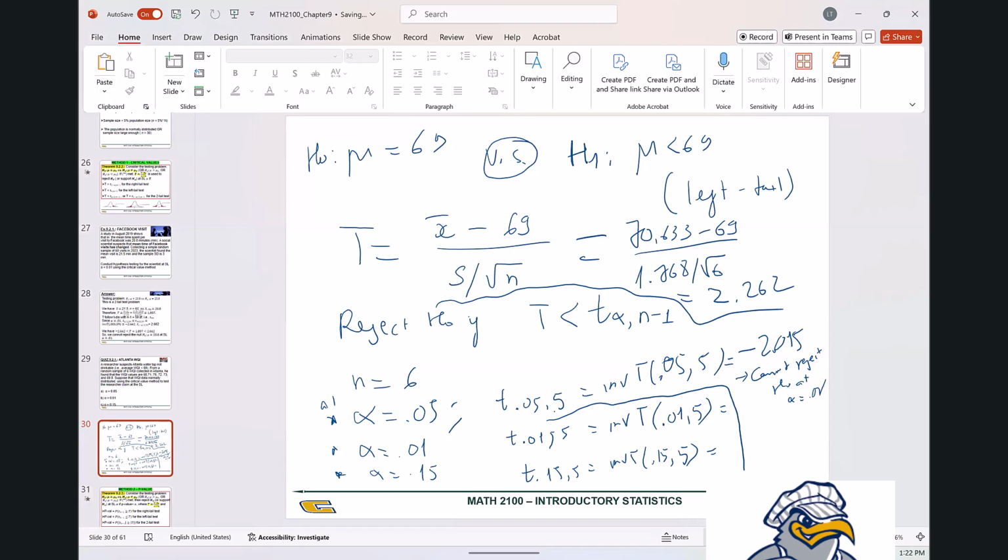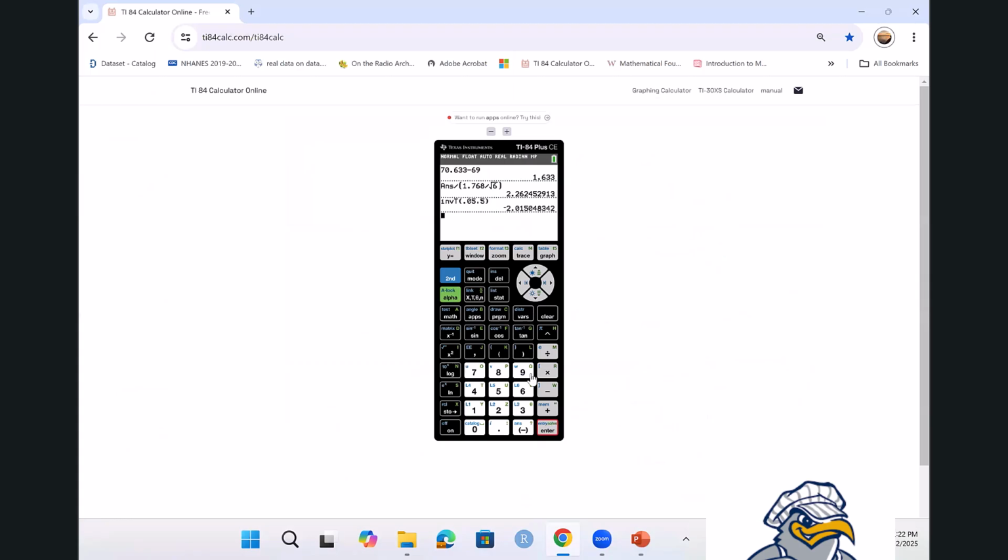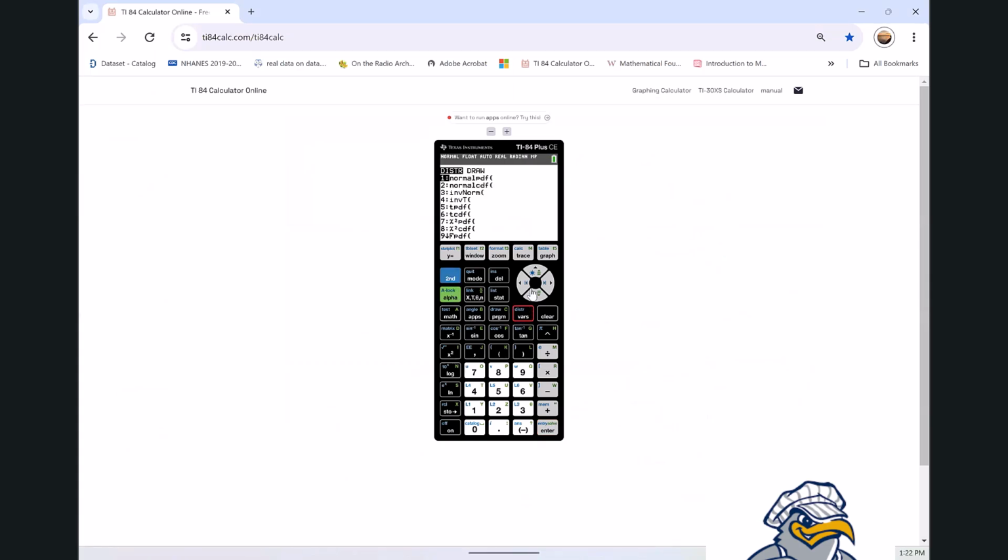Let's do 0.01. If it cannot reject at 0.05, for sure it cannot reject at 0.01, but I include it here for completeness, because 0.01 gives an even smaller negative value.